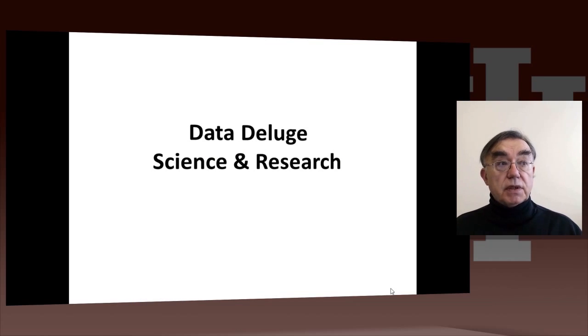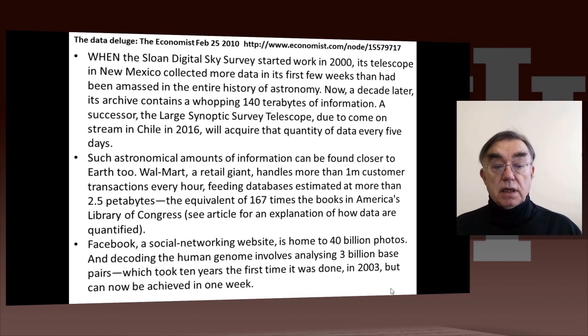Now we come to a new set of examples. That was the end of the business set. This is a set of big data in science, or more generally in research applications. Here is a slide from The Economist, which had a special issue in 2010, already out of date. It first starts with the Sloan Digital Sky Survey, and it points out that it only got 140 terabytes of information.